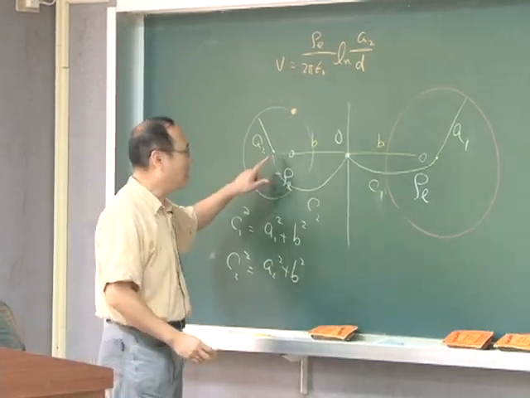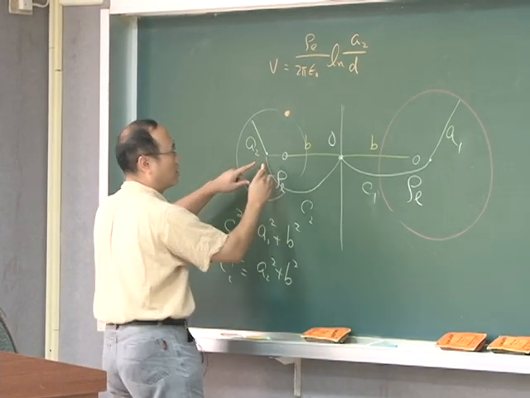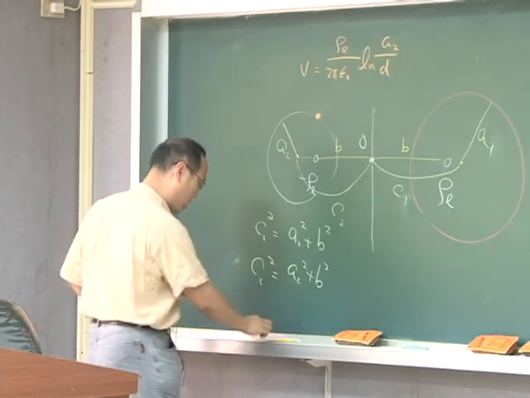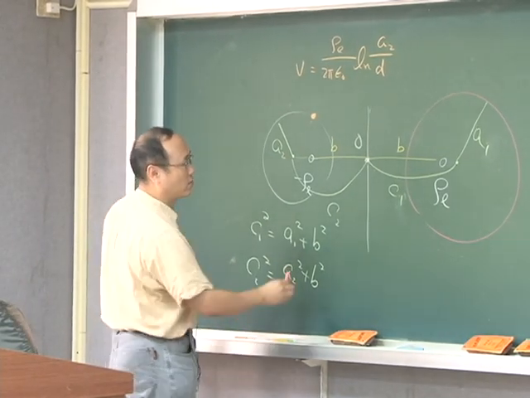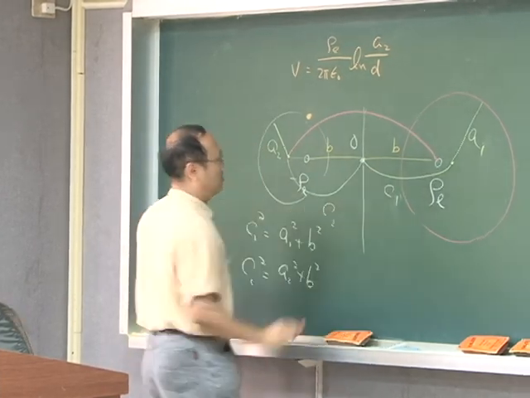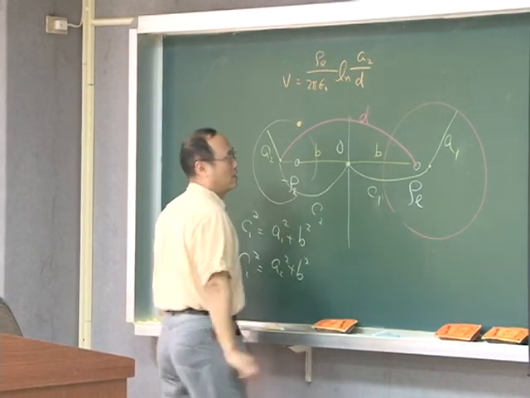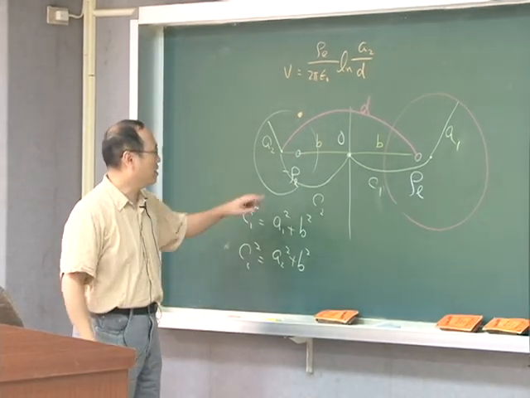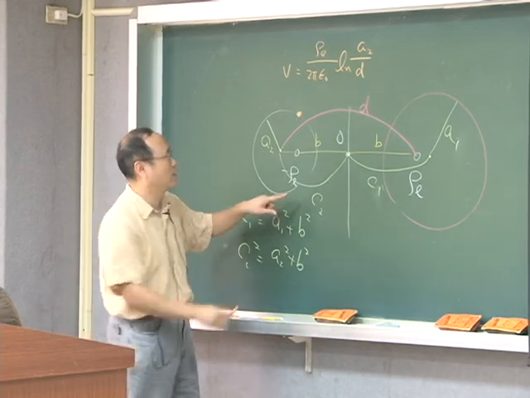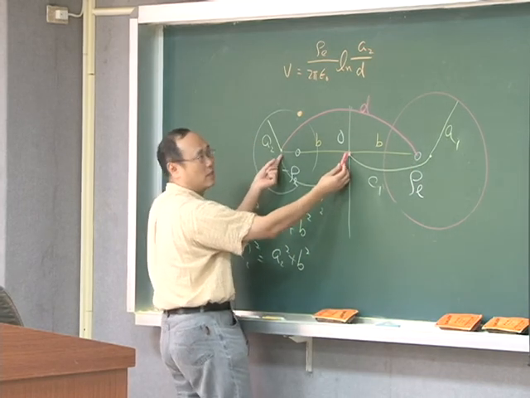Okay, D is the distance from this line charge to the center of this circle. So it's a distance from here to here. We call it D. And this D, if you look carefully, is going to be equal to this section plus this section.